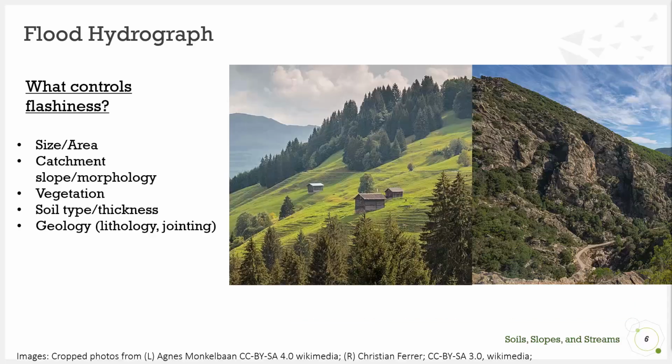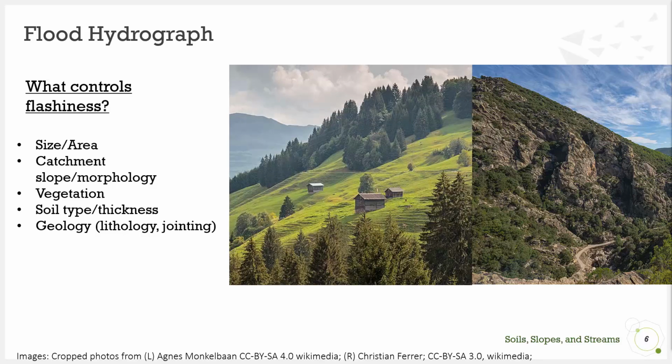Other things that influence the flashiness are hill slope or stream hydrology. Variables such as the catchment slope, vegetation both in the channel and on the hills, and the soil type, thickness, and whether it can hold much water matter.